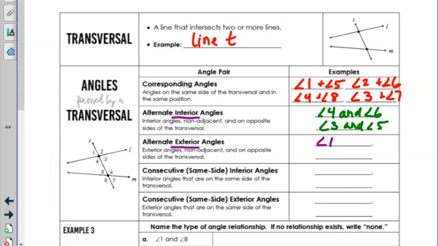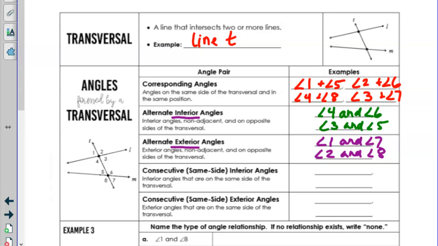Angle 1 and angle 7. They're on the outside, so on the exterior, and they're alternating sides of the transversal. What's the other pair of alternate exterior angles? 2 and 8. Very good. Don't forget to put the angle symbol, because I didn't do that. Did you? Yes, that is important.